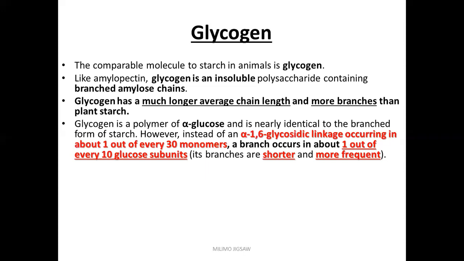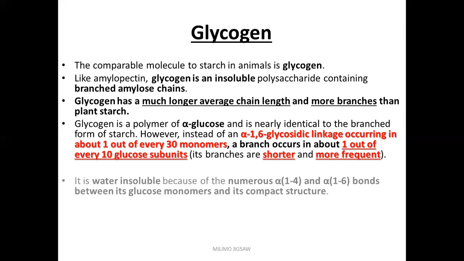So the alpha 1,6 glycosidic linkage occurs 1 out of every 10 glucose subunits in glycogen. So this means that glycogen will be more branched, or rather the branches will be shorter and more frequent, since after every 10 glucose subunits you have an alpha 1,6 glycosidic linkage.